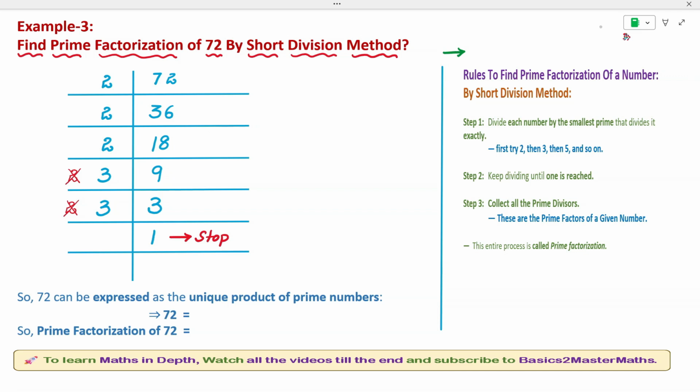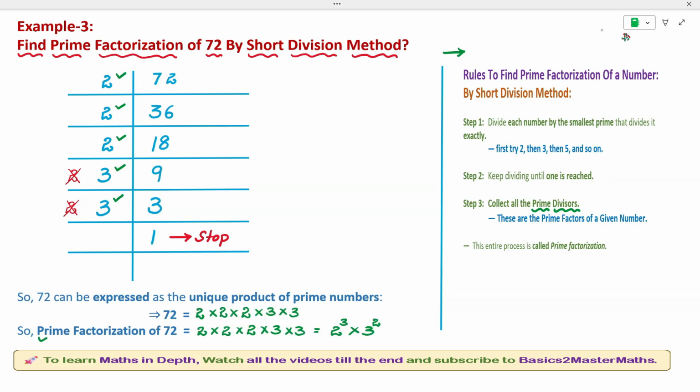Finally, collect all the prime divisors. In this case, they are 2, 2, 2, 3 and 3.